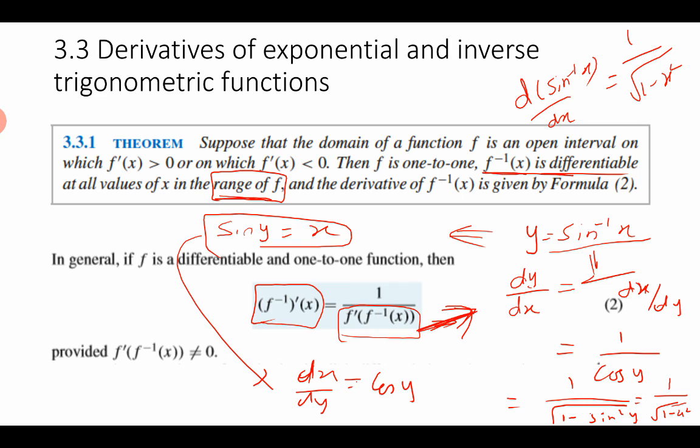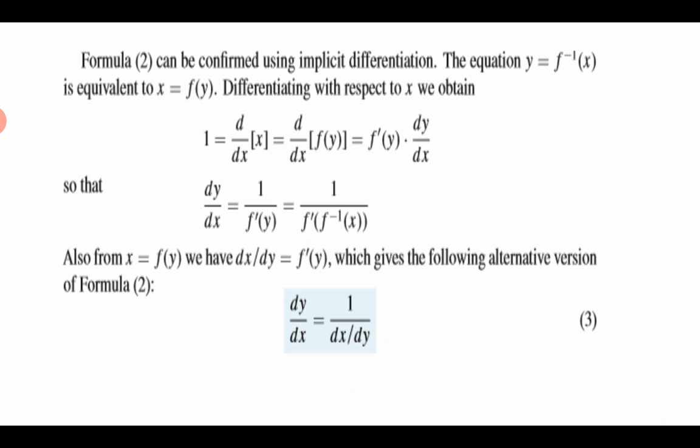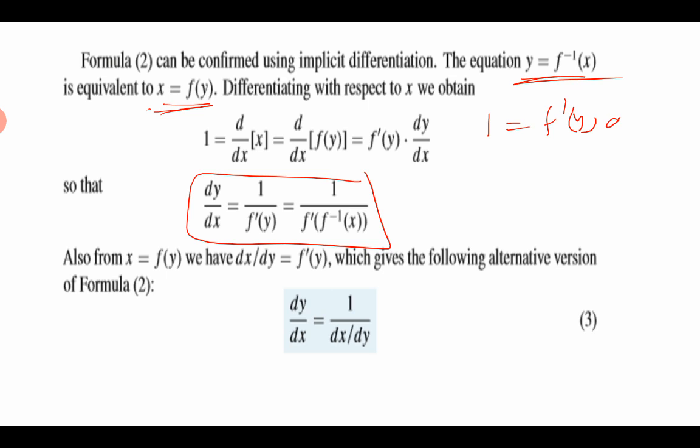This can be expressed in a different way. That is, the derivation has been given here. Y is f inverse of x, so x is f of y. When you differentiate this, on the left side it is 1, and when you differentiate f of y, it will be f prime of y times dy by dx by the chain rule.